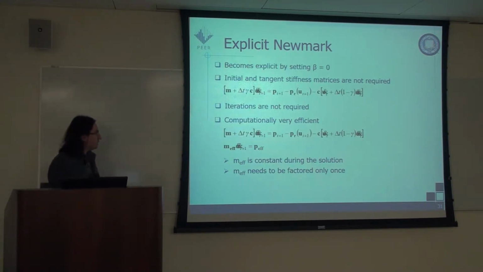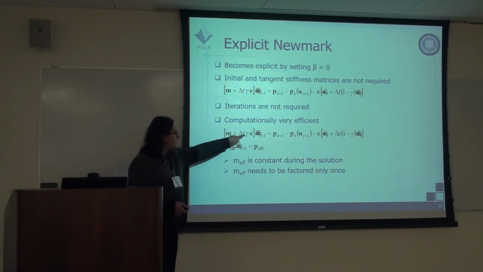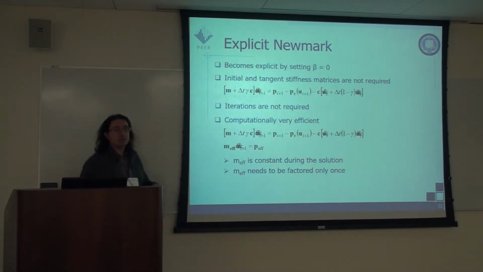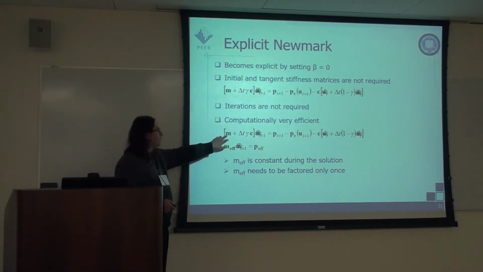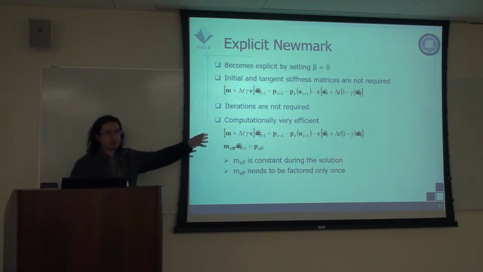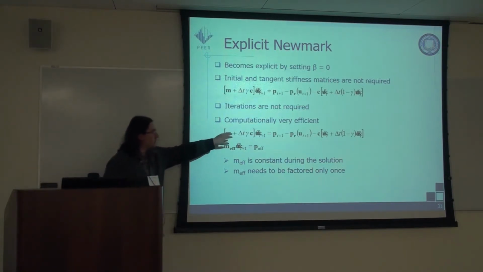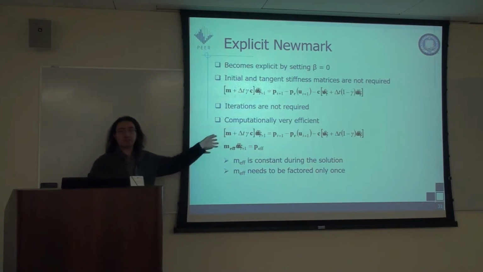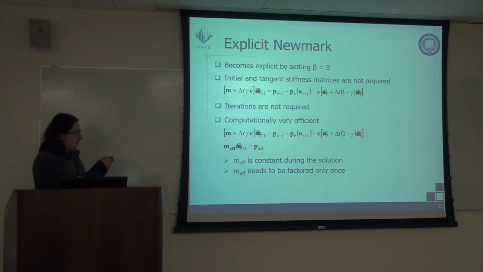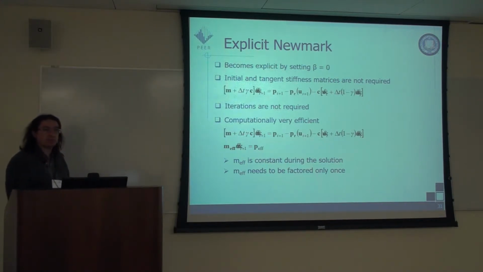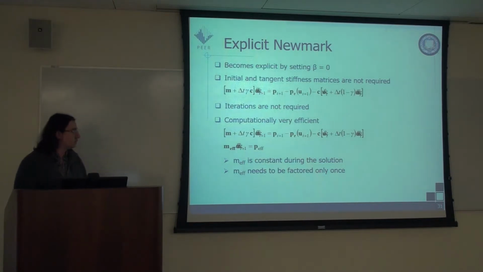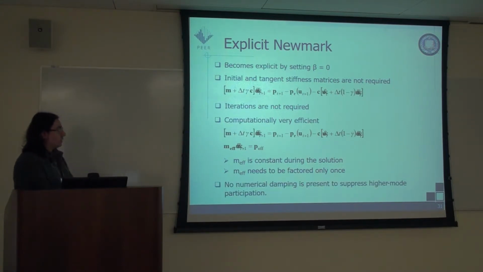One thing to highlight is that the coefficient matrix we use to solve the linear system of equations is constant during the solution, because it contains the mass matrix and the damping matrix, which are generally constant. Therefore, this coefficient matrix needs to be factored only once, which results in a significant advantage in computation time. And the method doesn't include any numerical damping.